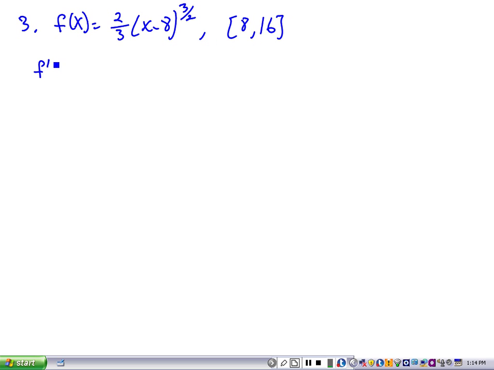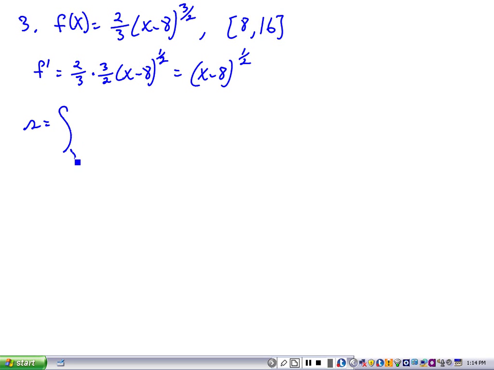Well, you need the derivative for the arc length, so this is 2/3 times 3/2 times x minus 8 to the 3/2 minus 1. We get the 1/2 power, so we have x minus 8 to the 1/2 power.